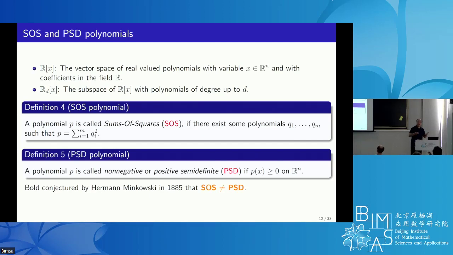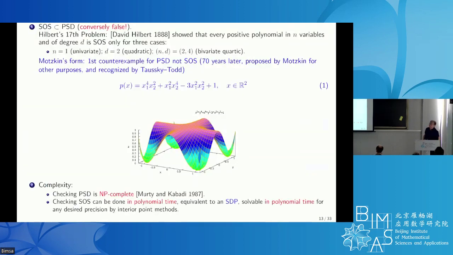David Hilbert was one of his examiners in the Ph.D. defense, and he believed what Minkowski proposed. Just three years later, he proved in this paper, 1888, that this is true.